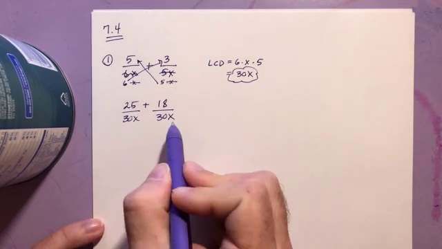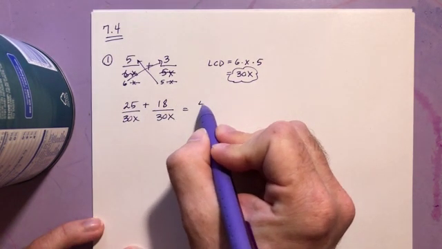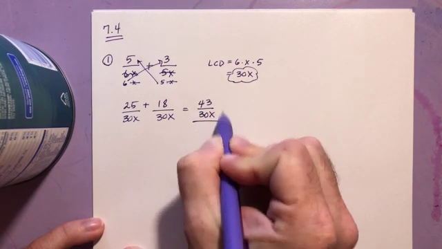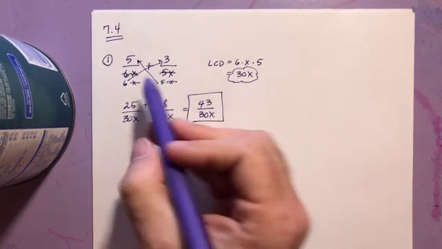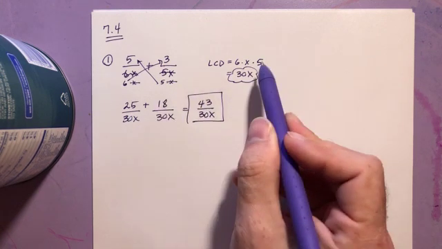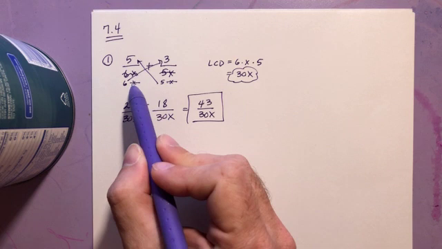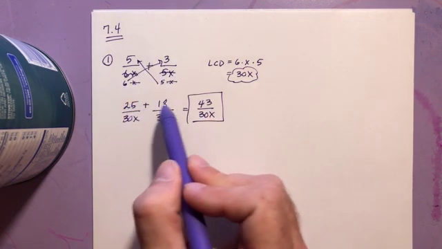Now you have two denominators that are the same, so you just add the top. 25 plus 18 is 43, I think, just doing that in my head. Over 30x. So find the LCD by factoring and then taking all of them from the first one and anything unique in the second one and multiplying them all together. Then you cross through any common factors and cross multiply to get your new numerators.